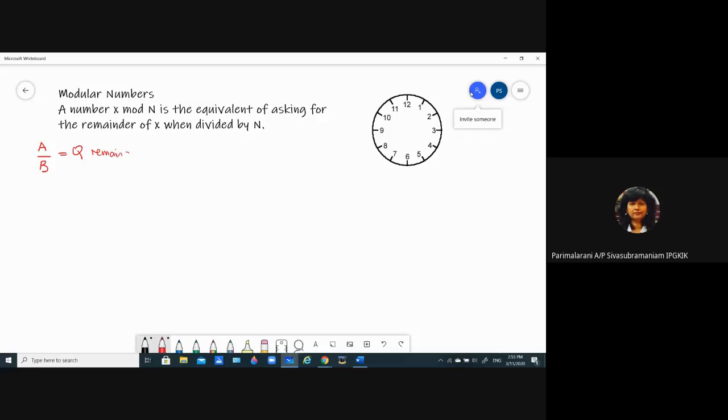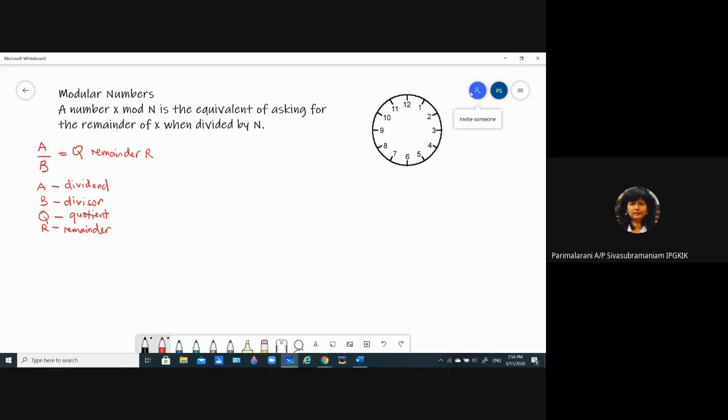So this A here is called the dividend. B is the divisor. What's our Q? Quotient. Q is the answer, the quotient, and R is the remainder.